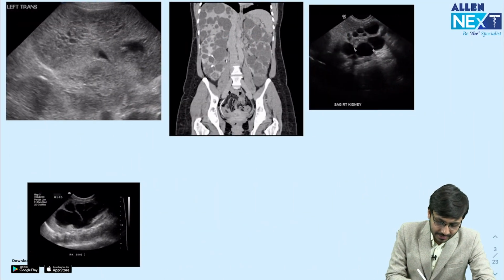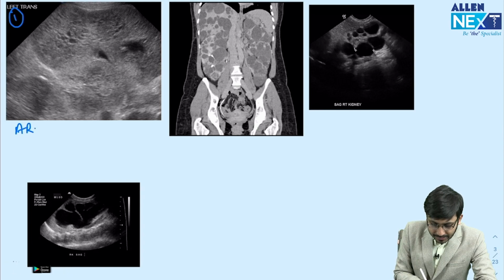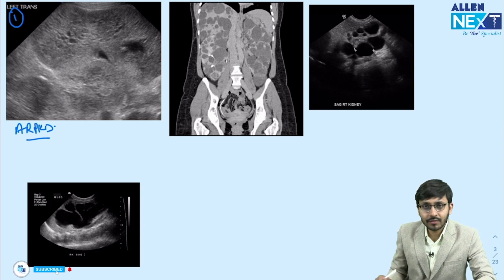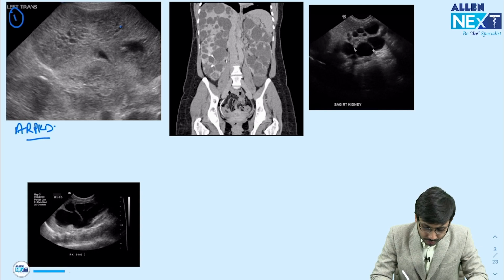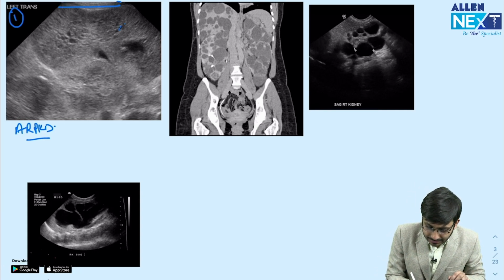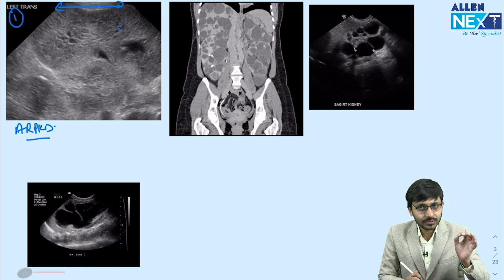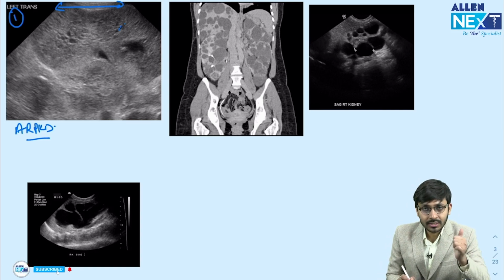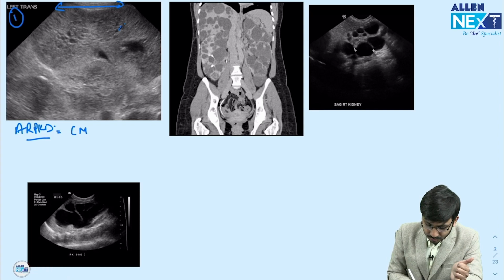The first image here is that of ARPKD. And what do we see here? We see multiple small cysts scattered throughout the kidney, and the kidney is enlarged. You see that there is no corticomedullary differentiation.